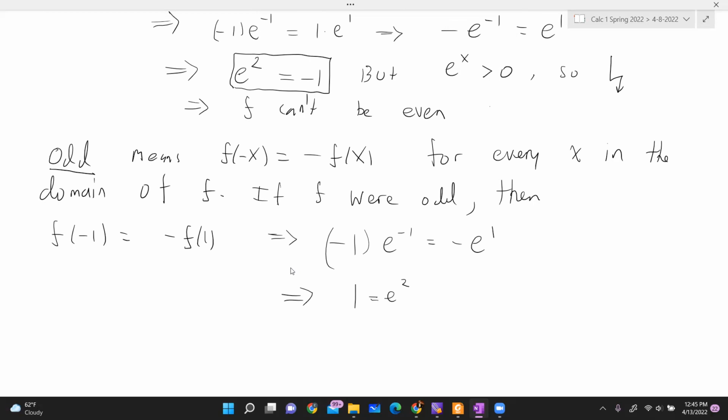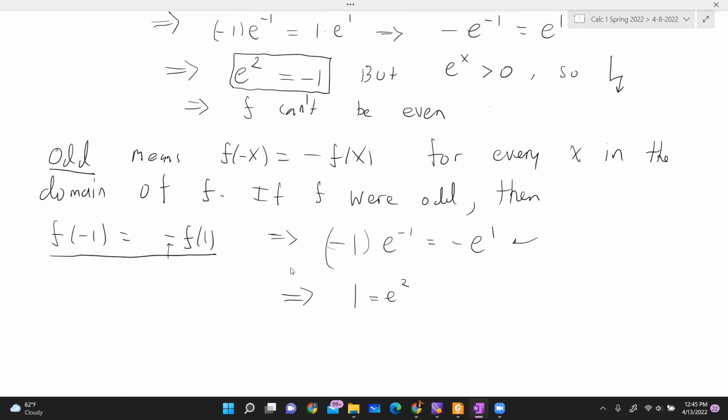So if you assume that it's odd, then you have to have that this equation holds in particular, but this equation is equivalent to this one right here. You're just plugging in negative 1 for x into the function, and then plugging in 1 and negating it right here. And it gives you this equation right here. And you can cancel the negatives on both sides. And then again, you can multiply, as we did up here, both sides by e to the first power, and it gives you that.